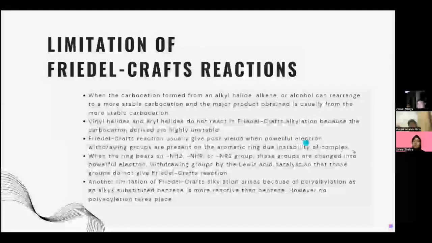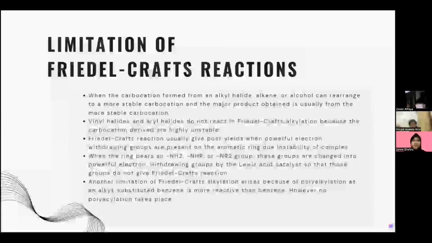But there are also limitations of the Friedel-Crafts reactions, both the alkylation and the acylation. The first one is that when the carbocation is formed from an alkyl halide, alkene, or alcohol, it can rearrange to a more stable carbocation, and the major product obtained is usually from the more stable carbocation.